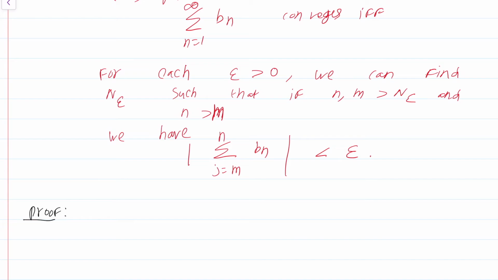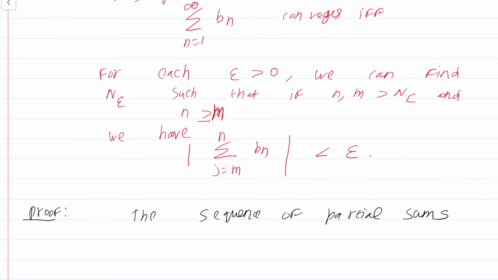Well, the sequence of partial sums. Just one moment, let me just, for increased applicability of this result, put n greater than or equal to m. Okay, the sum still makes sense.